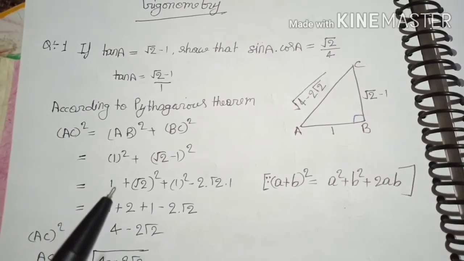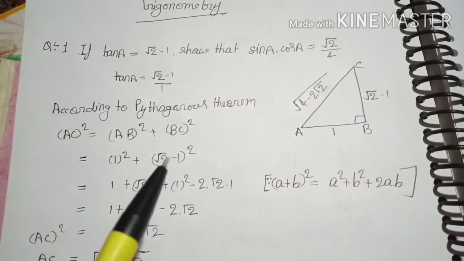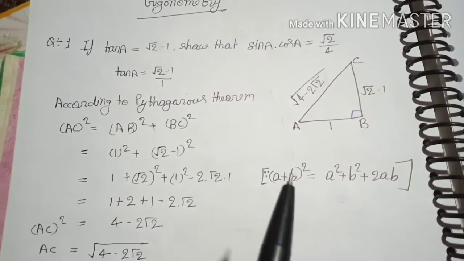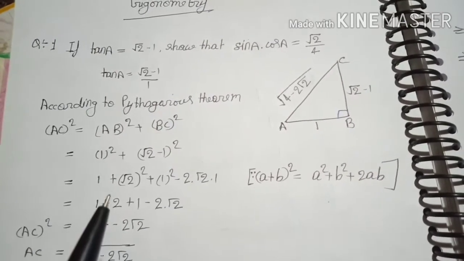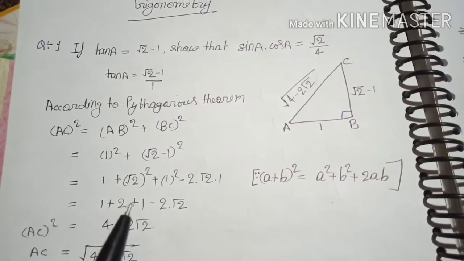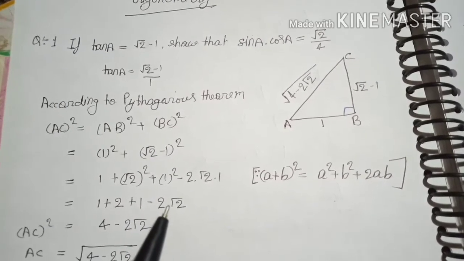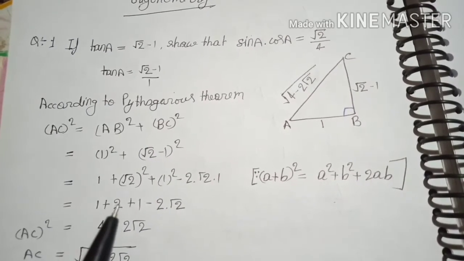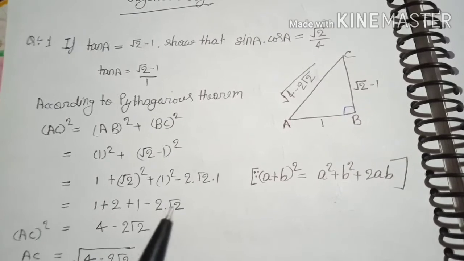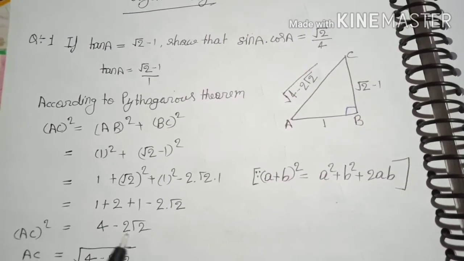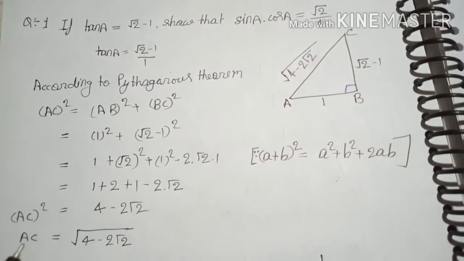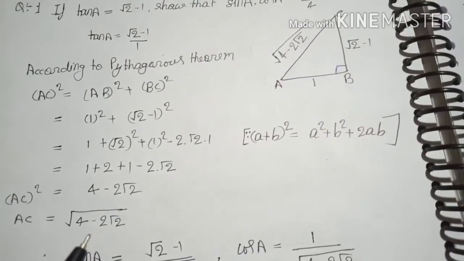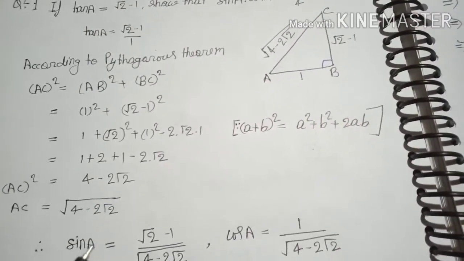So 1 square is 1, plus, opening the bracket by the formula (a plus b) whole square equals a square plus b square plus 2ab, we get 1 plus 2 plus 1 minus 2 root 2, which is equal to 4 minus 2 root 2. AC square equals 4 minus 2 root 2, so AC equals square root of 4 minus 2 root 2.